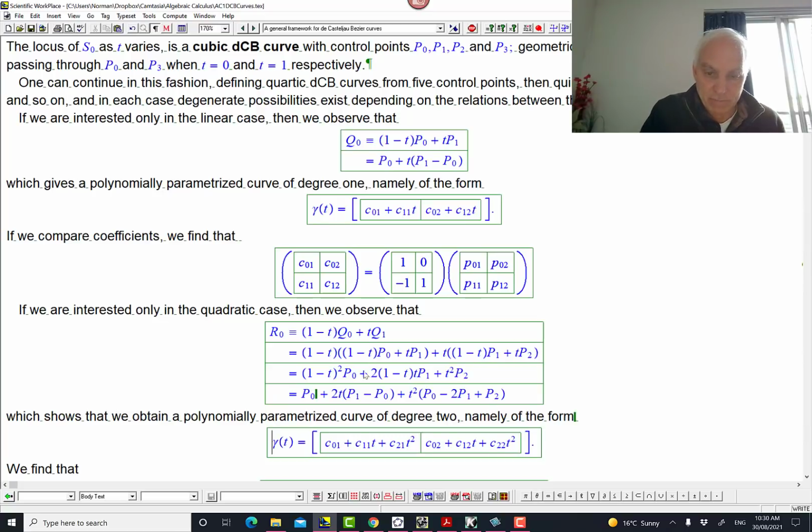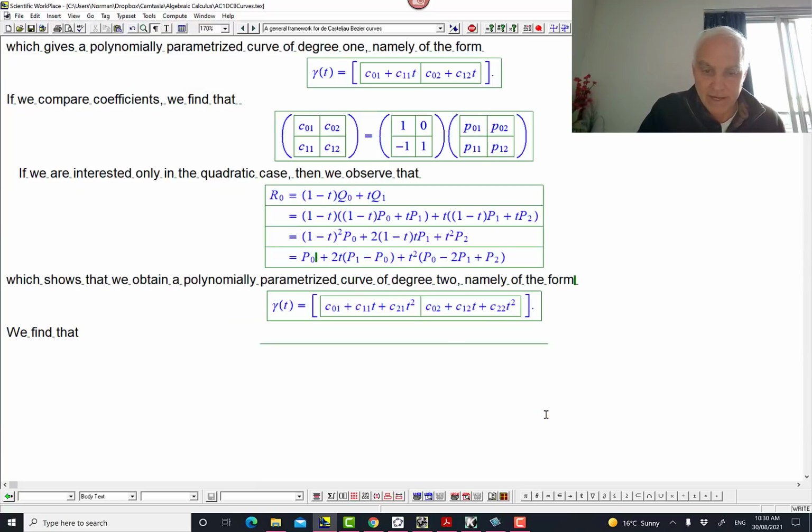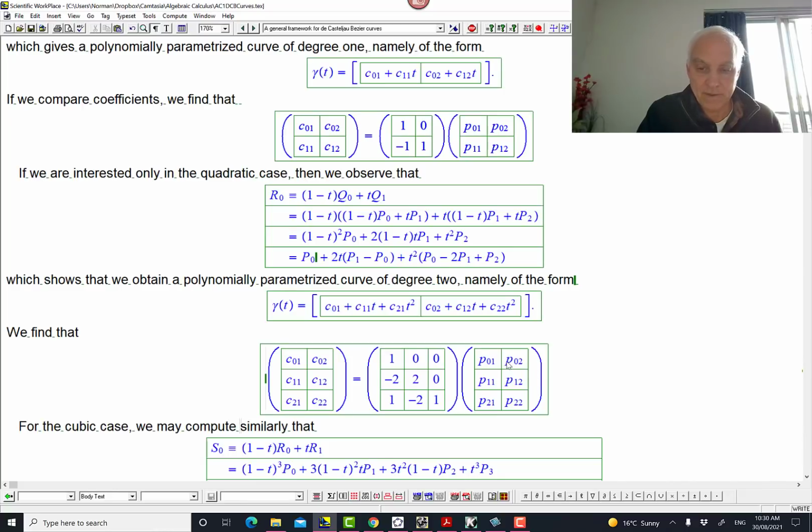Now you can replace the P0, P1, and P2 with their coordinates. All right, so here are the coordinates of P0. That first row is really P0. This second row is really P1. This third row is really P2.